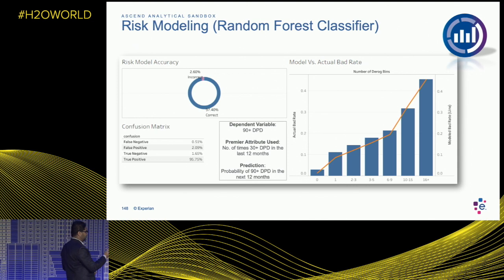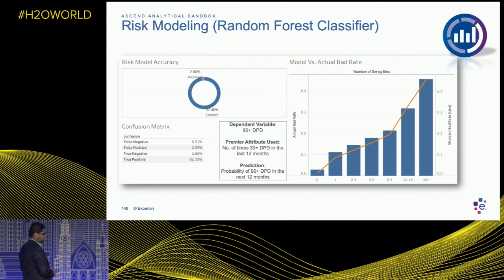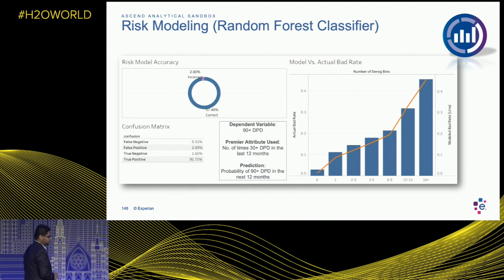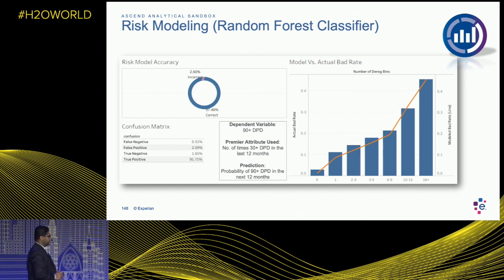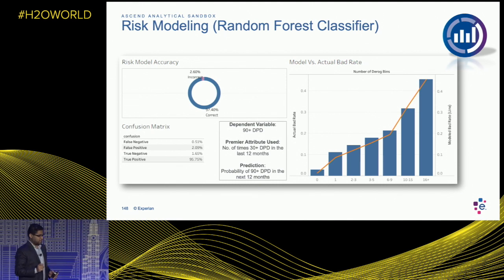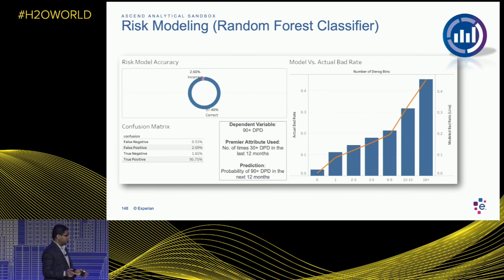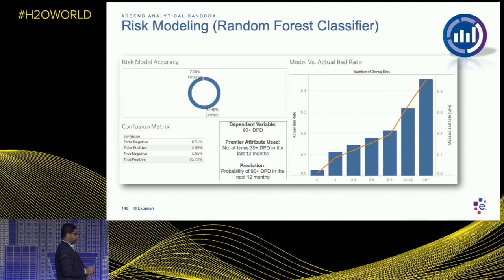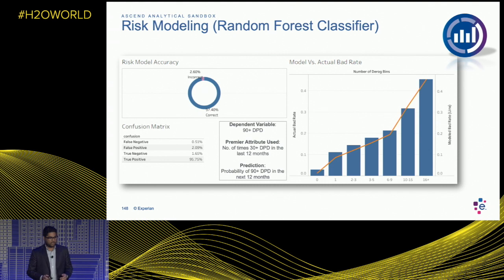We can see that the modeled bad rate is underfitting the actual bad rate, which is kind of apparent from the confusion matrix. The true negative is actually lower than the false positive. So we understand that, based on the predictive attributes that we selected, it sounds like there is something off. So can we go back to the model, play around with the attributes that we have, maybe weight a few attributes higher than the weight they're already getting, and can we change that?